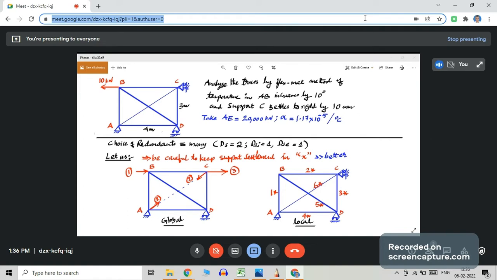So there in that small x, we have directly taken 10 mm.